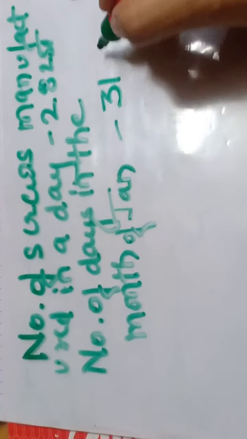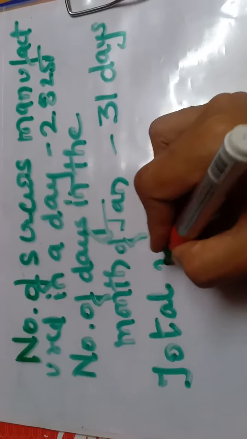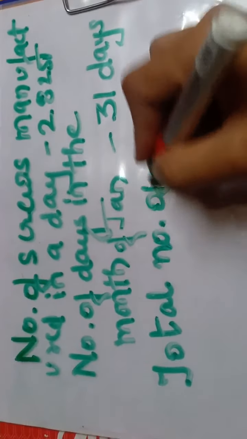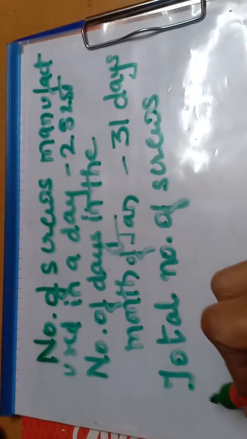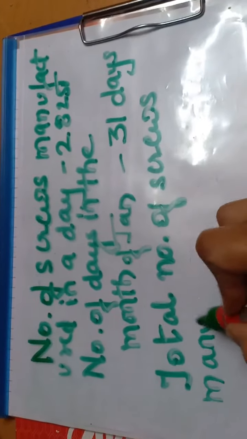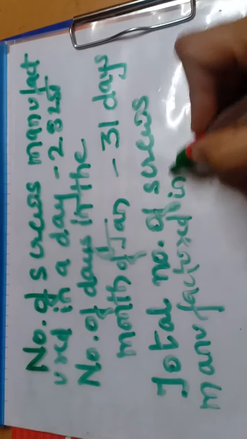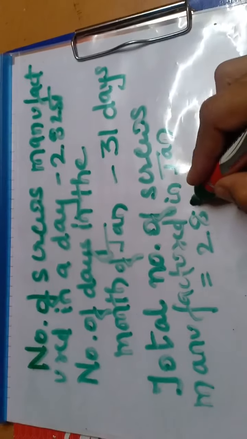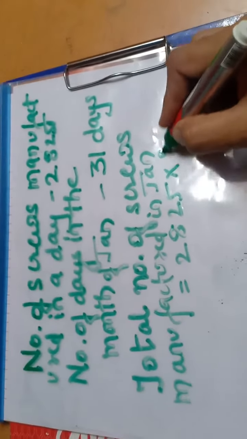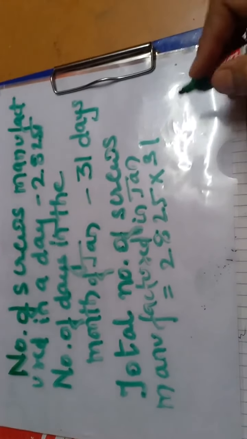So that is 31 days. So now we'll find the total number of screws manufactured in January is equals to 2825 multiplied by 31.